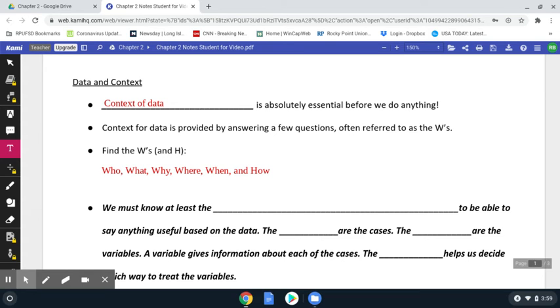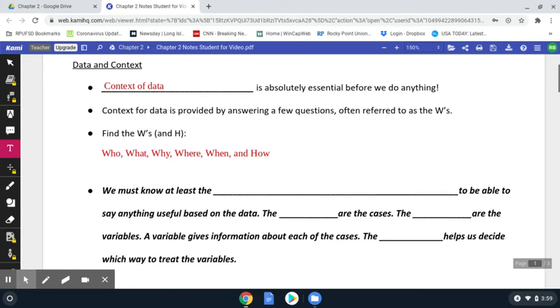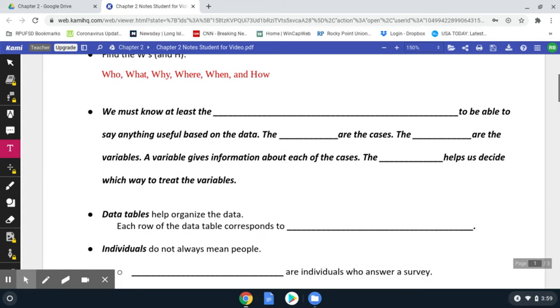So if we can answer some of these questions, that really paints a picture for us with the data that allows us to then go and organize, analyze, draw conclusions, run tests, all the different techniques we're going to use this year throughout our curriculum.